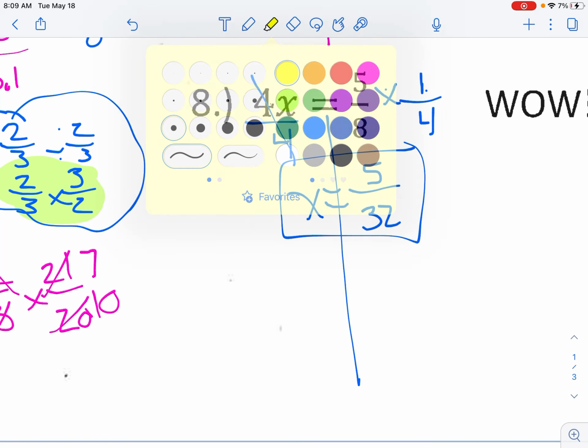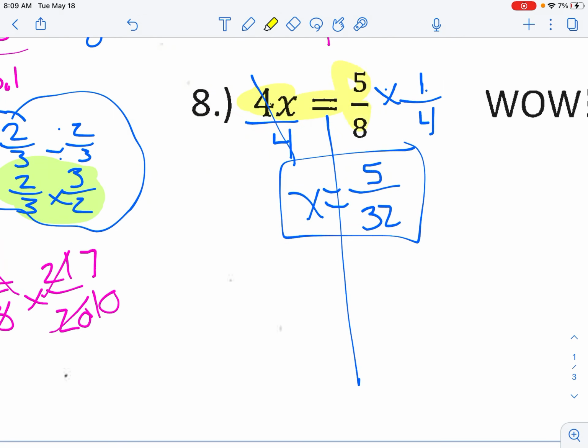Now we're going to substitute. I'm going to rewrite this equation. So 4 times 5 over 32 equals 5/8. So this is the problem that you have to show me out to the side.